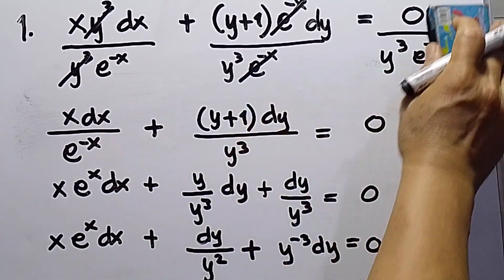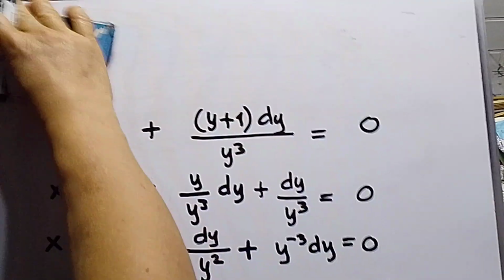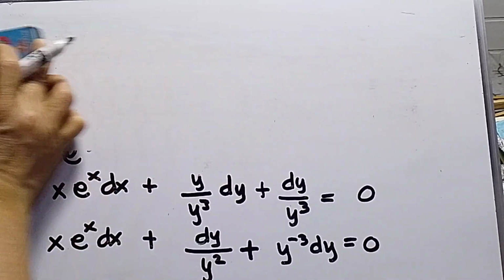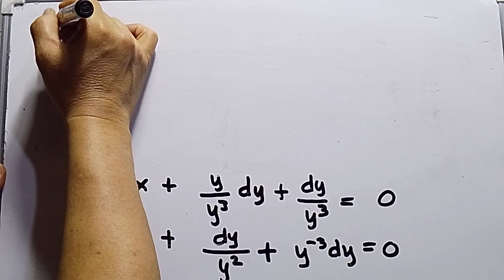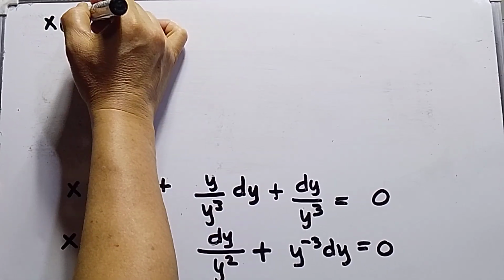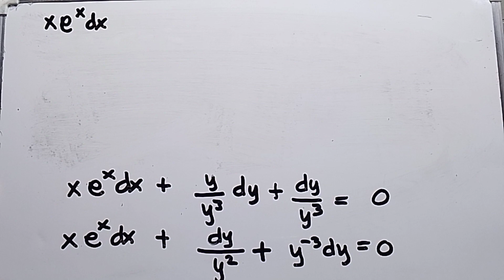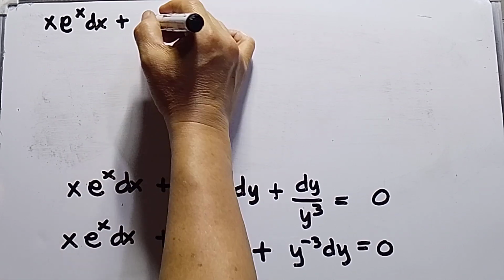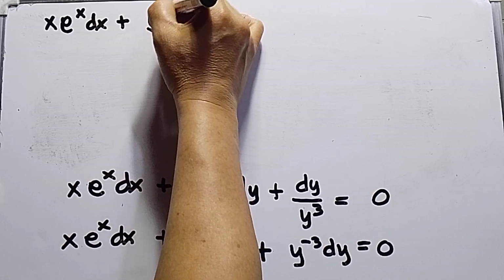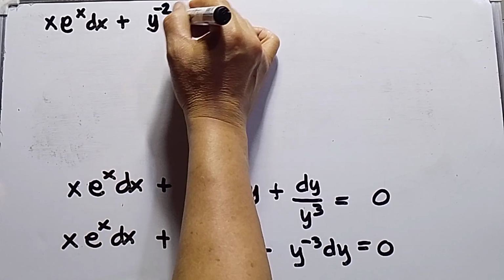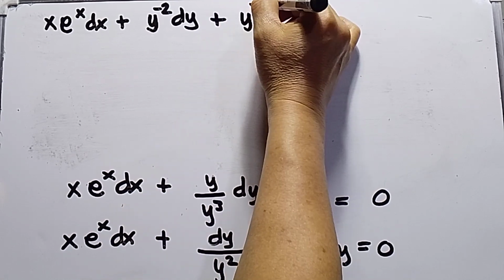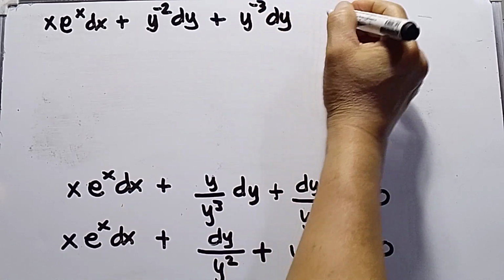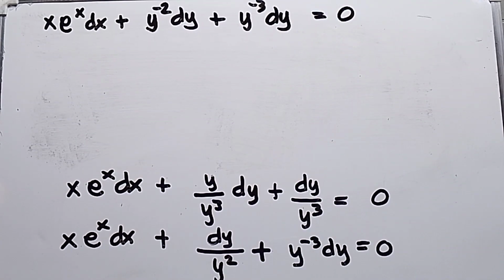Since I have limited space on my whiteboard, I need to erase this one. So this will be x e to the positive x dx, then plus y negative 2 dy, then plus y negative 3 dy is equal to 0.